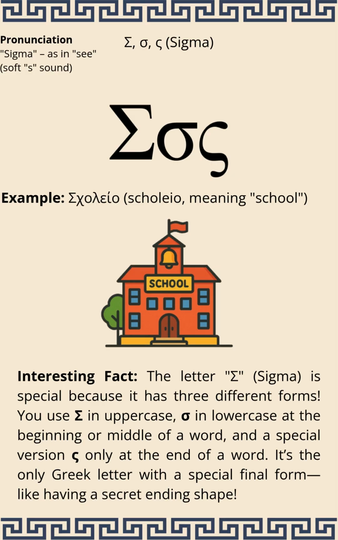The middle sigma we use in the middle of a word, okay, and the last sigma we use at the end of the word, okay. In the pronunciation, when you talk, it's not necessary to remember those differences, but when you write, yes, you need to know which sigma comes first, in the middle, and at last, okay. I have put this in the interesting fact, so later you can read it also by yourself if you want to read it again, okay.